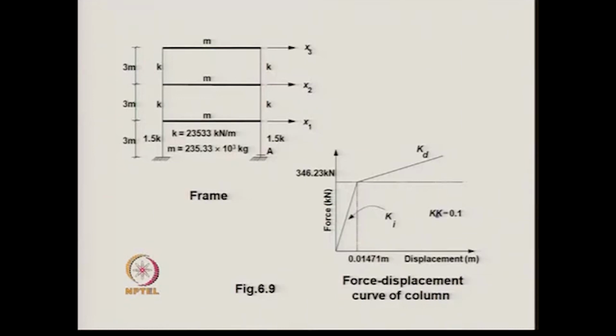So, for these two cases the results were obtained, and the method that was discussed before was adopted. In the case of the bilinear curve, whenever we find that the bending moment has exceeded the yield value, then the stiffness of the column is taken as Kd, not as Ki.